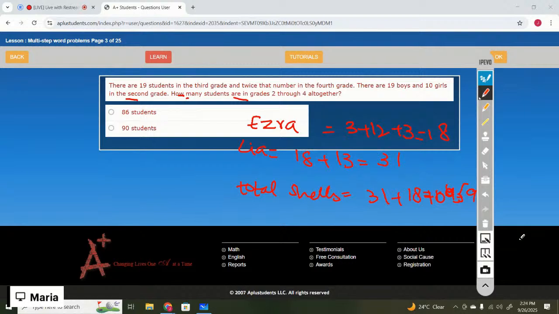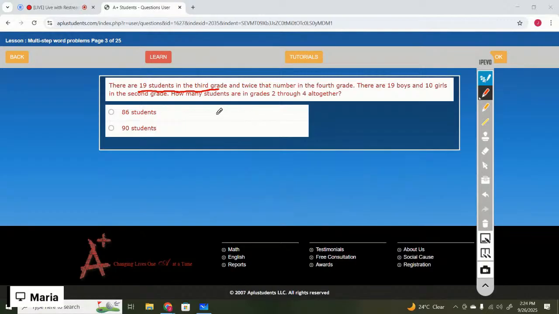So there are 19 students in grade 3. So in grade 3 we have 19 students and twice the number in grade 4. So 19 times 2 is 38. There are 19 boys and 10 girls in grade 2.